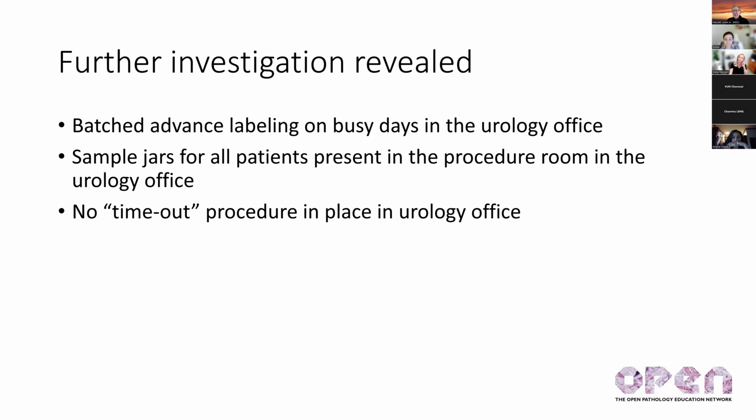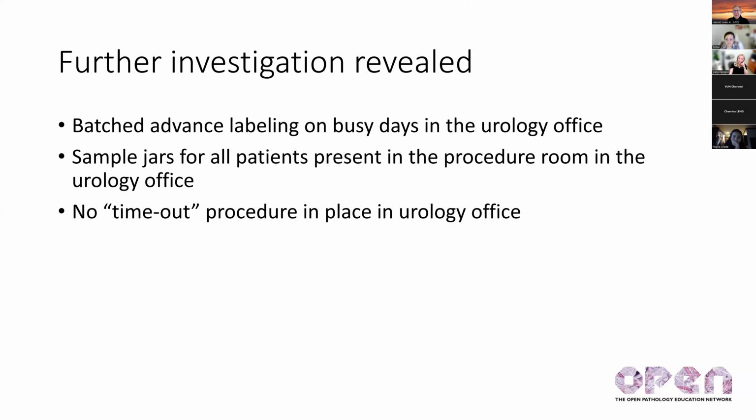Well, as we talked to their staff, we discovered that they had a number of habits which set them up to make this sort of mistake. So his staff, when they looked at the number of patients who were coming in, if it was going to be a busy day, would look at who was coming for likely biopsies and so forth, and they would create the specimen containers for those patients in advance.